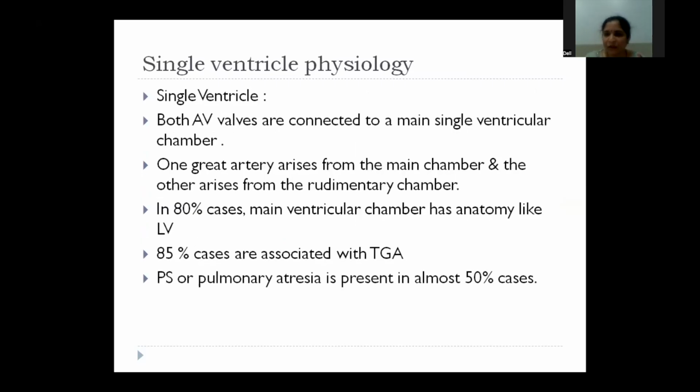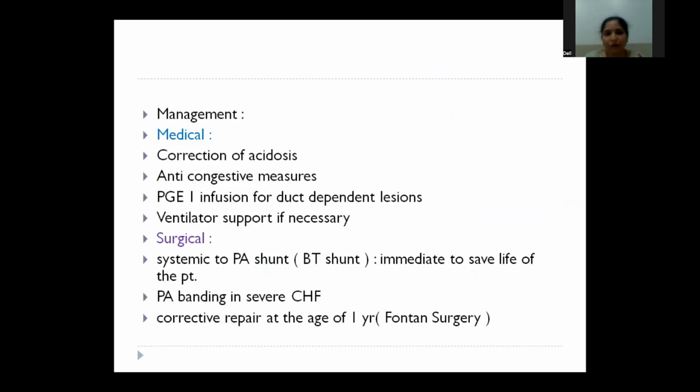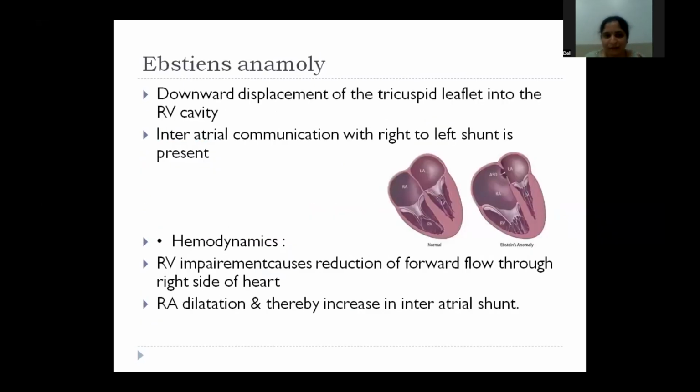Single ventricle physiology. Structurally there are two ventricles, but one ventricle is very rudimentary, so both the chambers, RA and LA, open into a main chamber or a single ventricle, and so they have all these consequences. We have to treat these patients immediately, at less than 6 months of age.